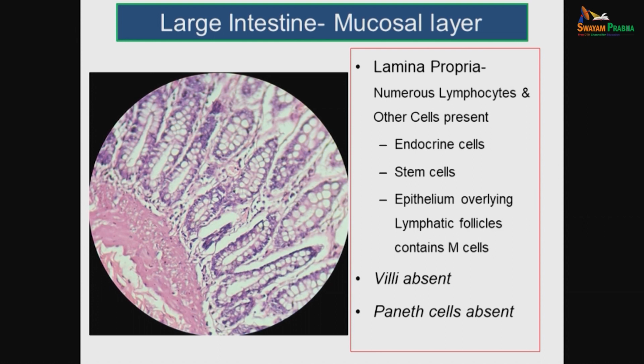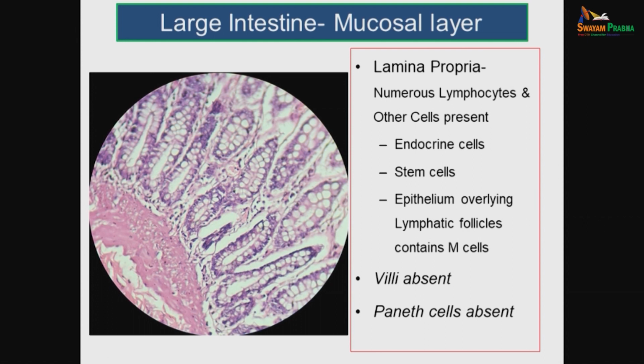So, in the lamina propria, that is in any part of the mucosa, we see the columnar epithelial cells, and underneath the epithelial cells is the lamina propria. In the lamina propria in the large intestine, just like other parts of the intestine, we see a lot of endocrine cells, stem cells that give rise to more columnar cells as and when necessary, and lymphatic follicles which are called gut associated lymphoid tissue.